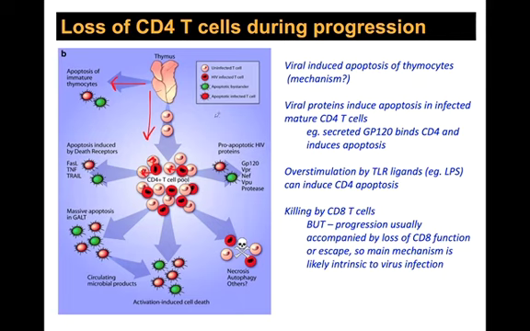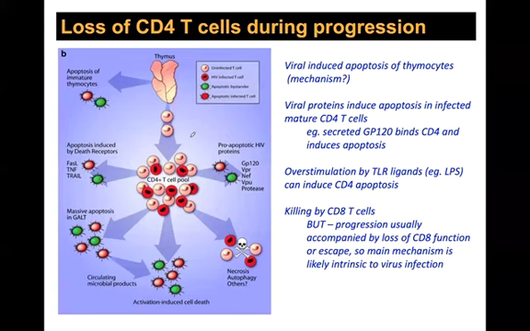Now, the mechanisms of why the cells disappear are not completely understood. Okay, so we know that some HIV genes can induce apoptosis in infected mature CD4 T cells. That's not a great thing for the virus to do, because why would it want to kill off the cell that's making more virus?